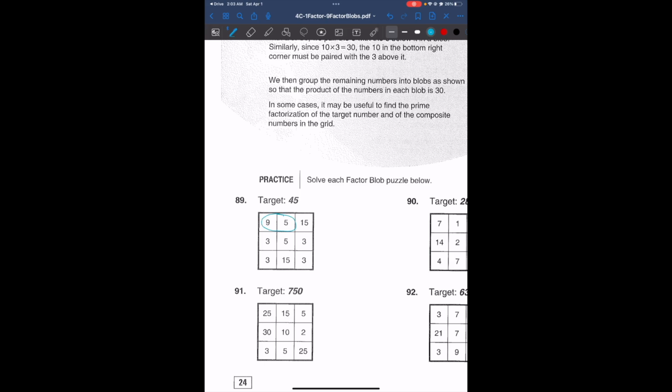Then looking at the top right corner, we know that 15 must be multiplied by 3 to get 45. So that's one blob. The same goes for the bottom right corner where we have a 3 and a 15 next to it.